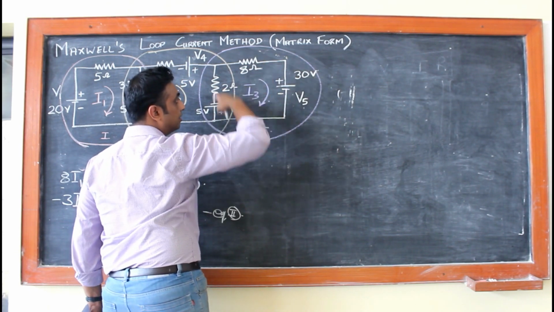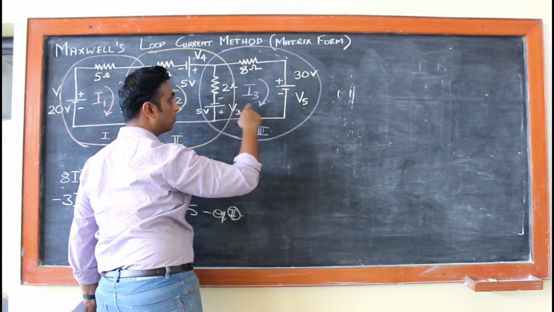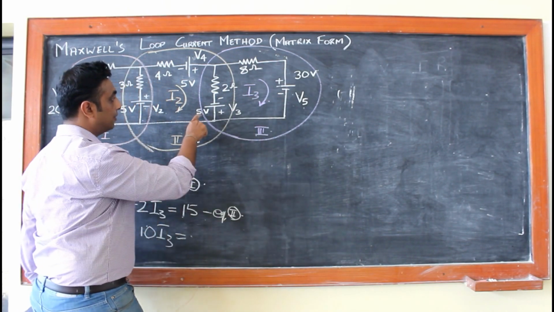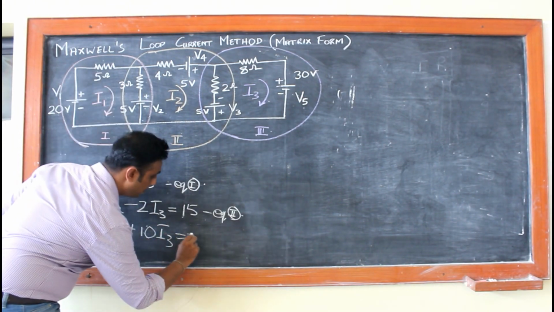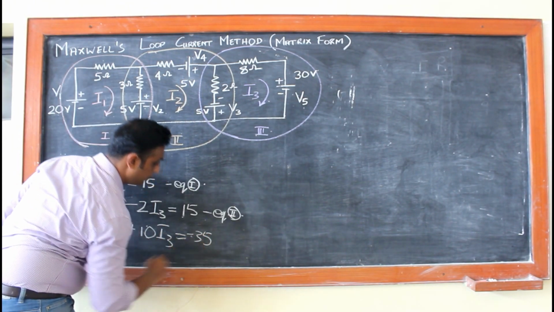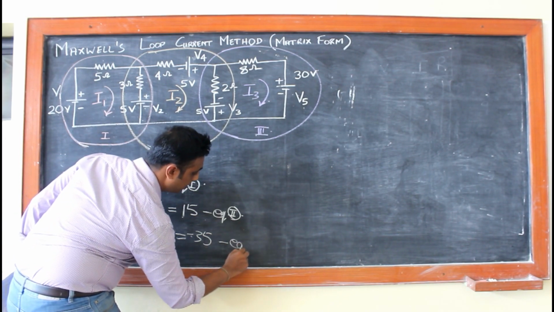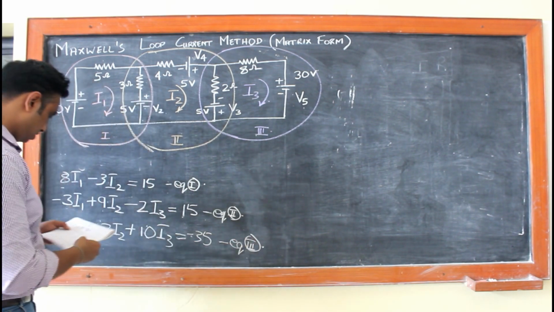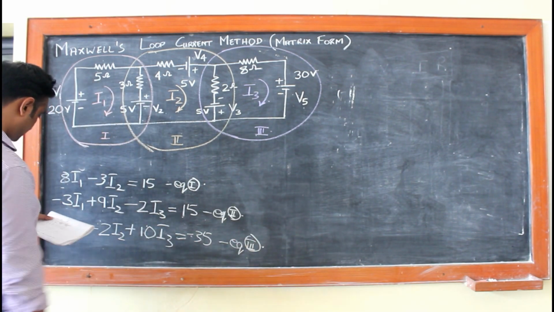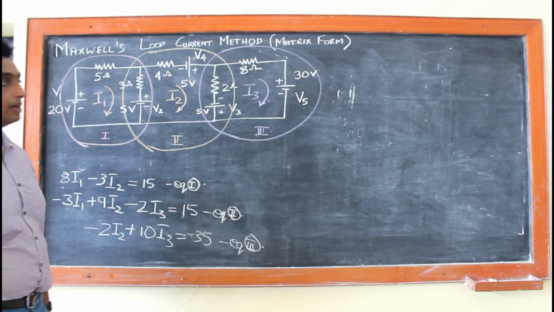Positive to negative, again anti-clockwise, in opposition to the clockwise I3. So minus 5, minus 30, which gives me minus 35. And this will be my equation 3. So I have minus 2 I2 plus 10 I3, which is equal to minus 35.